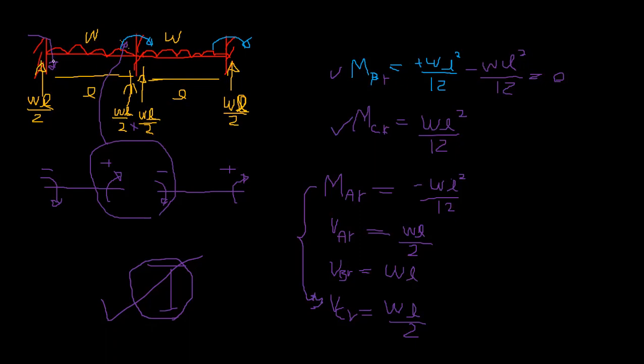Here we are going to apply a unit rotation. Since this is a fixed support, we have to rotate this support by applying a theta, right? So this is 1 because we are applying unit rotation.